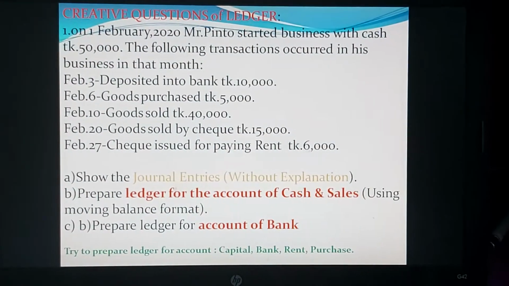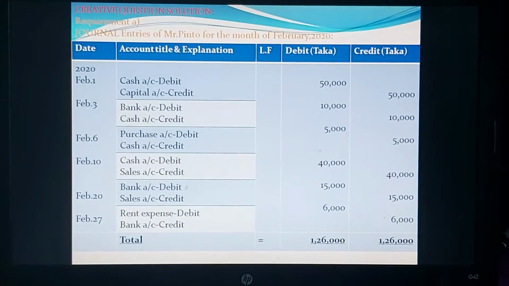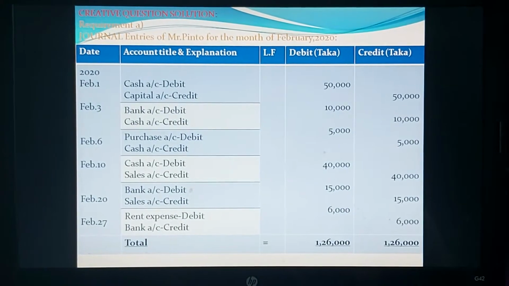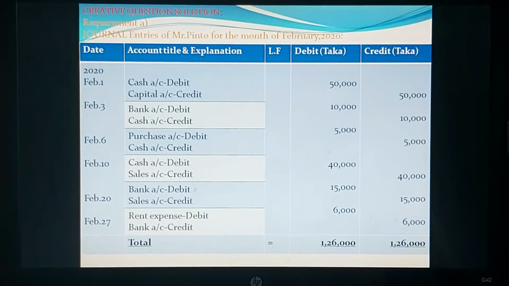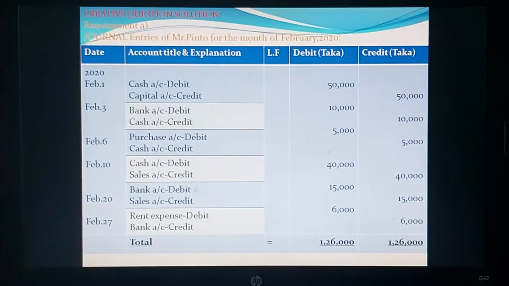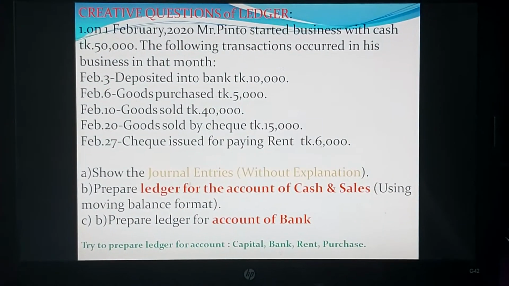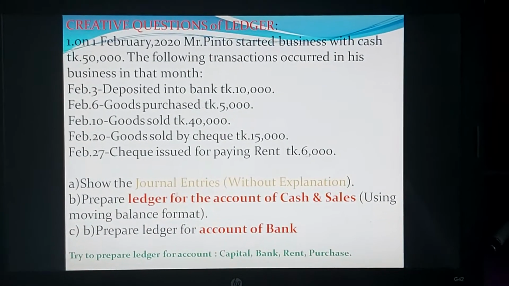Now you can see in the next slide, creative question solution. Requirement A, journal entries of Mr. Vint for the month of February 2020. Okay, go back to the question for journalizing. I think you have drawn a journal format.